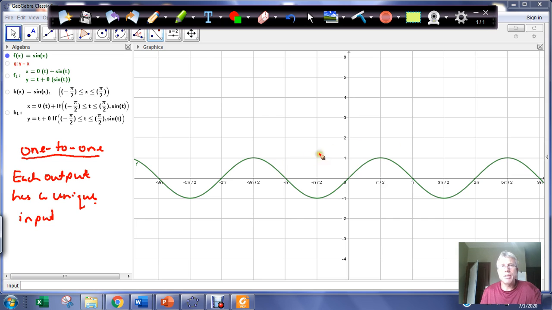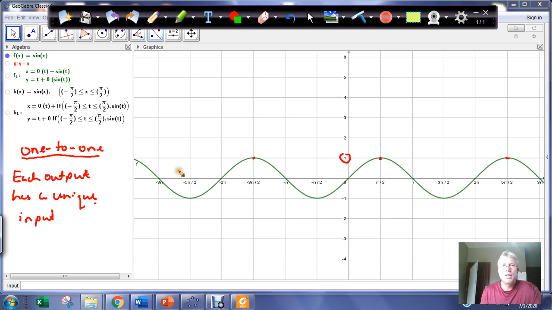So for example, when I look at the sine function, if I think about an output of 1, I can see that there are lots of places where the outputs are 1. In fact, there's infinitely many angles for which the output is a 1. So the sine function is not 1 to 1. And the test that we developed in pre-calculus for testing whether a function was 1 to 1 was the horizontal line test.